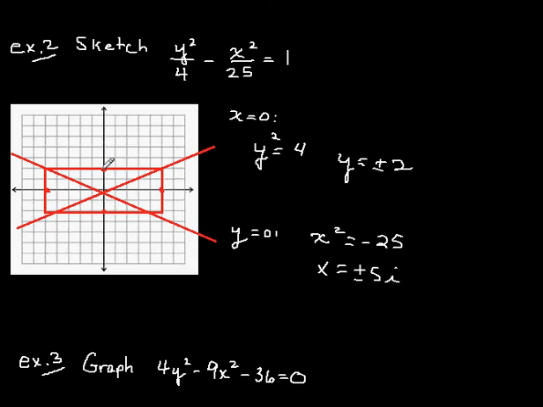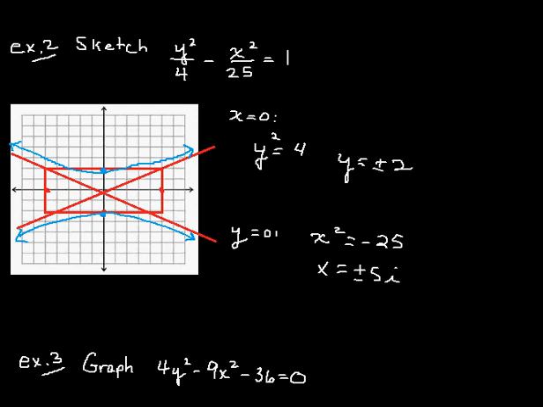This time our points are going to be on the y-axis, because our points on the x-axis are really just imaginary. Strange but true. And so you can see this one's going to be a little bit wider of a hyperbola. And that is how you graph a hyperbola.